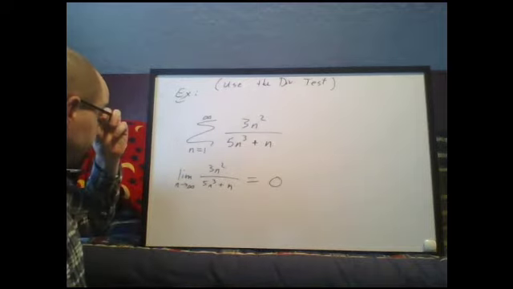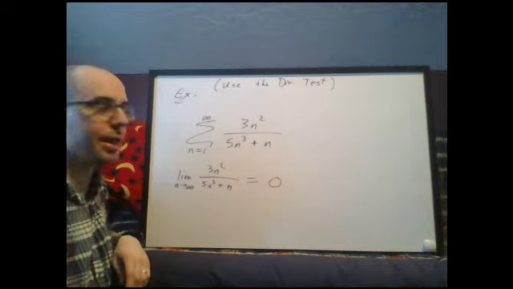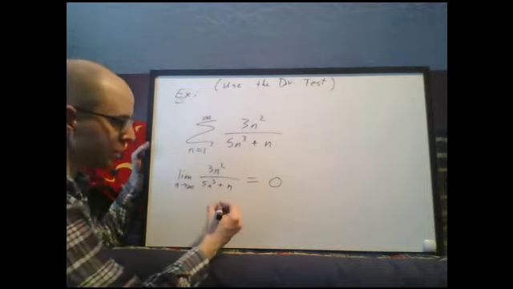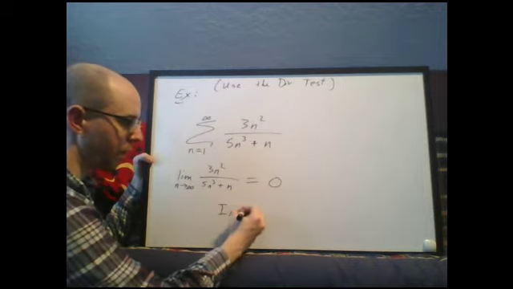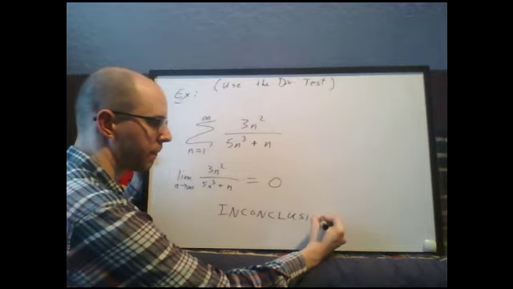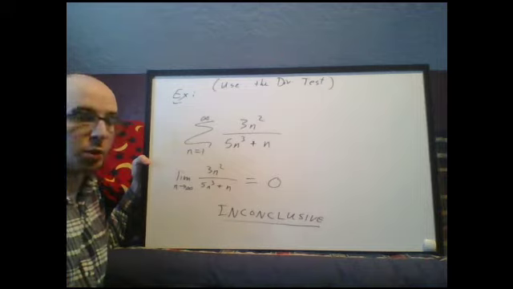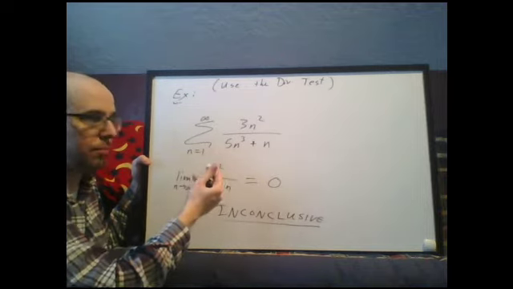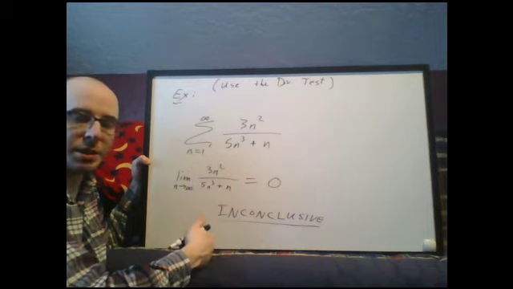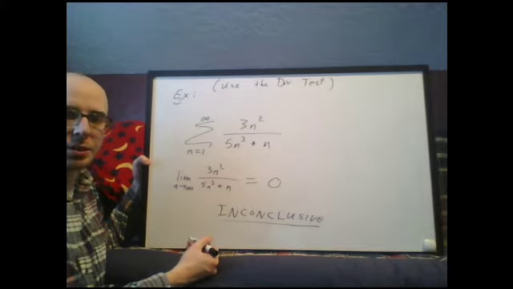So the limit is 0. That does not tell me that this series converges. It tells me that the divergence test is inconclusive. Okay, so this series, for all we know at this point, might be convergent or it might still be divergent. This test just doesn't help us. Doesn't tell us the answer.